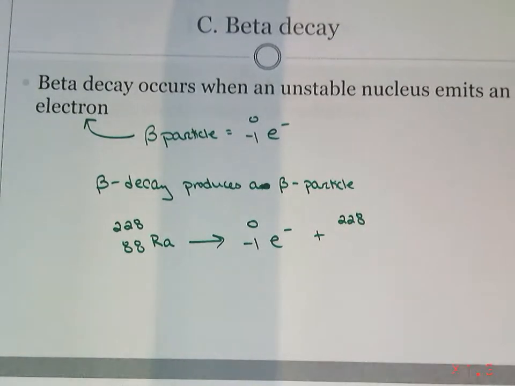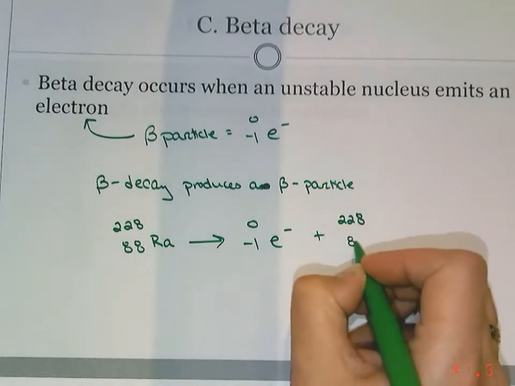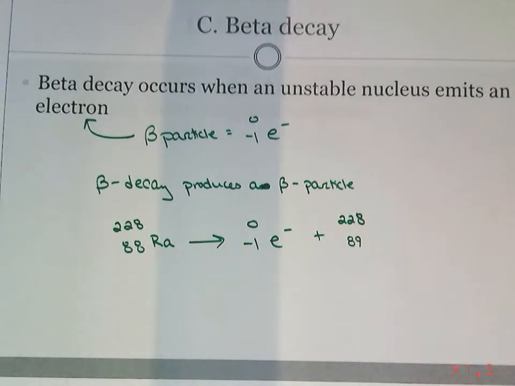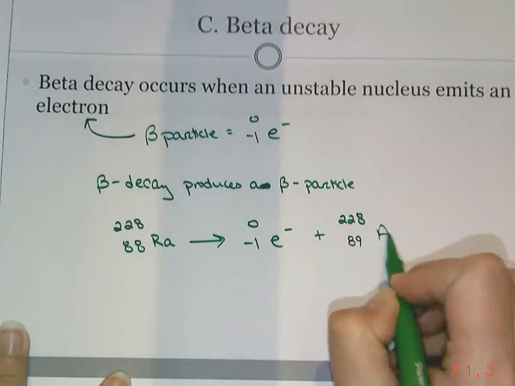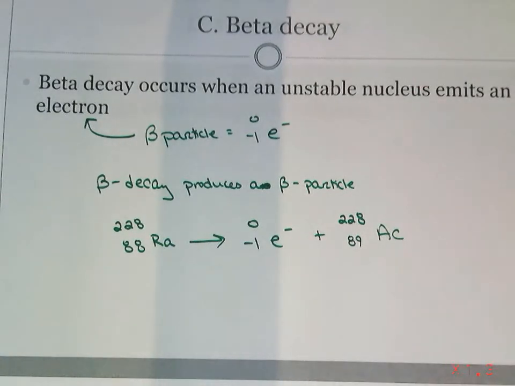If I have 88 on this side, what must be the atomic number on this side so that they're equal? 89. So beta decay does the same thing. It makes a new element. It does change the number of protons, but it changes it to increase it rather than decrease it.